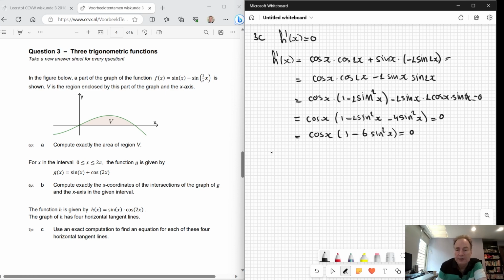And now we can just say that it means either the cosine of x is 0, or the sine squared of x is 1 over 6. And we have to figure out where this happens in this interval.